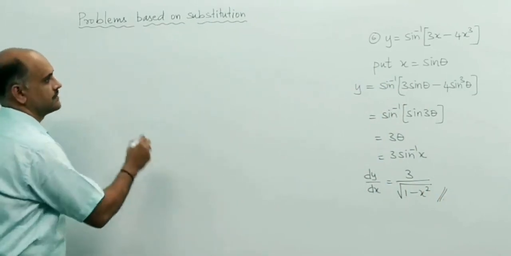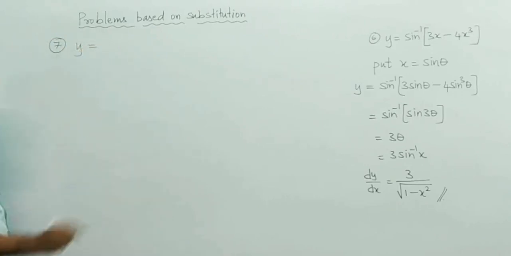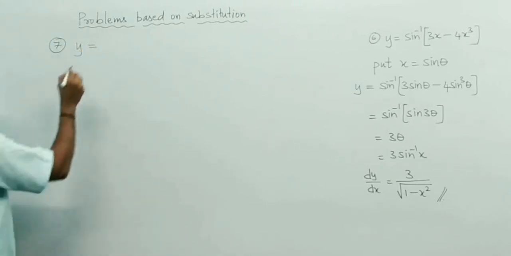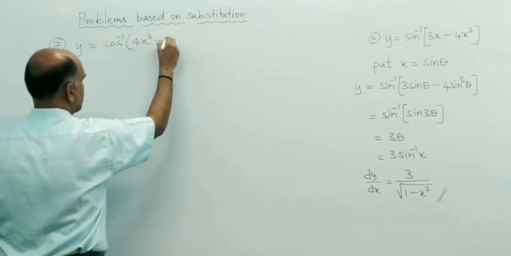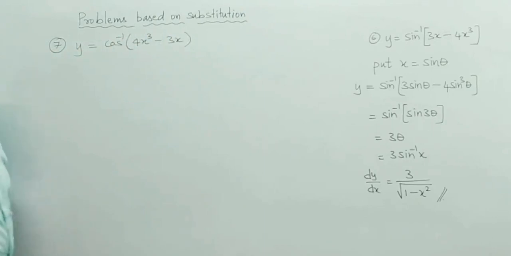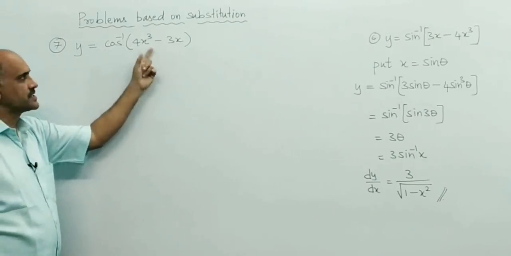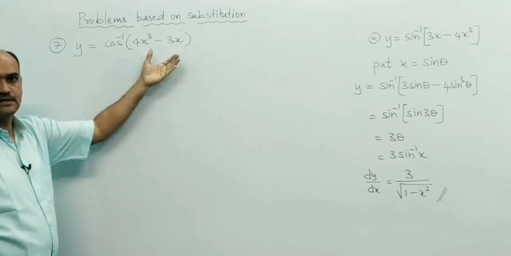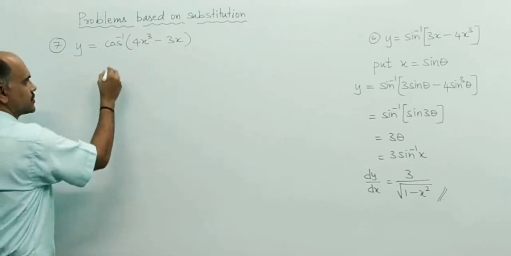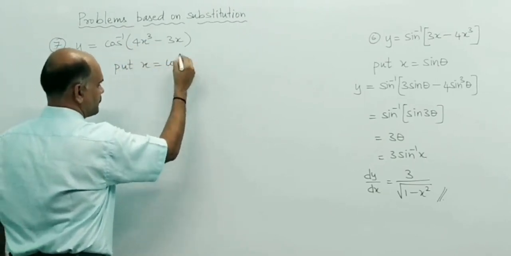Clear students? Similarly, next problem if I take y is equal to cos inverse of (4x cube minus 3x). Now again if you observe, this is the formula of 4 cos cube theta minus 3 cos theta, that is cos 3 theta. So you are required to substitute, put x is equal to cos theta.